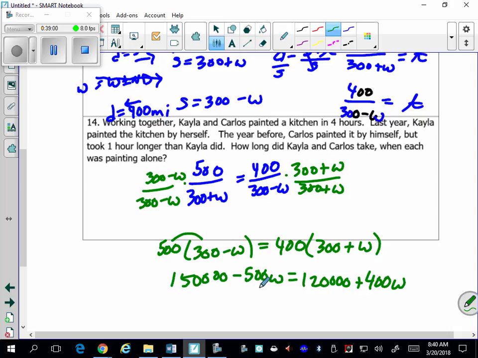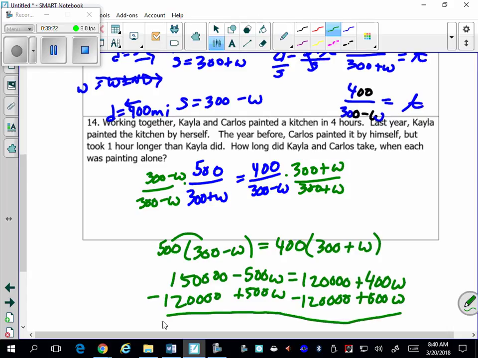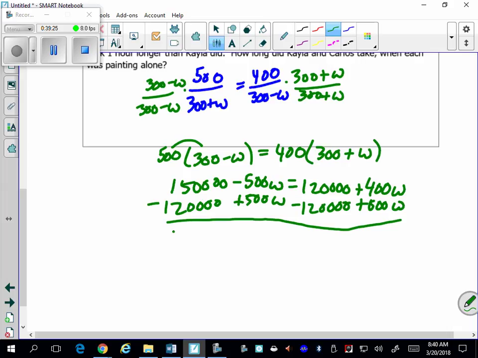Minus 120,000, minus 120,000. And we have 30,000 equals 900W. Divide by 900. You get W equals 33.3, and that's the wind speed in miles per hour.